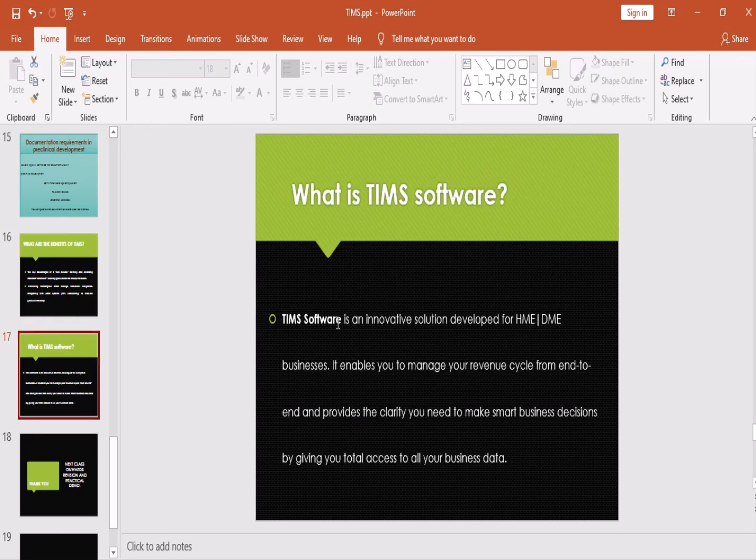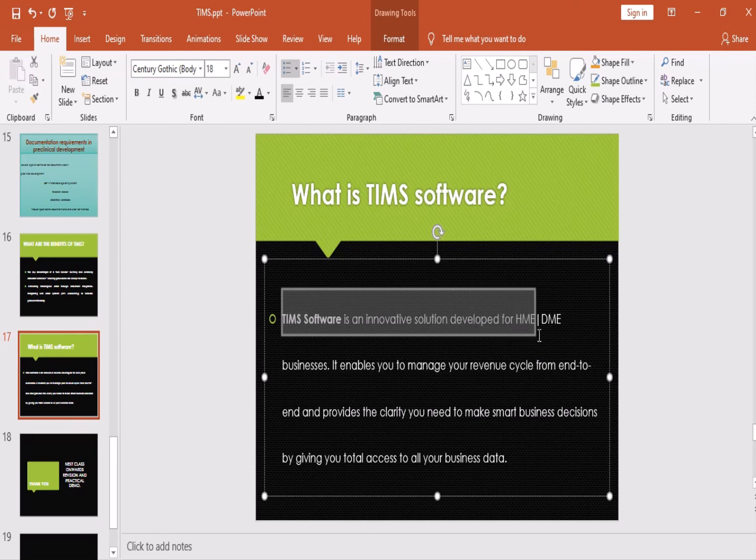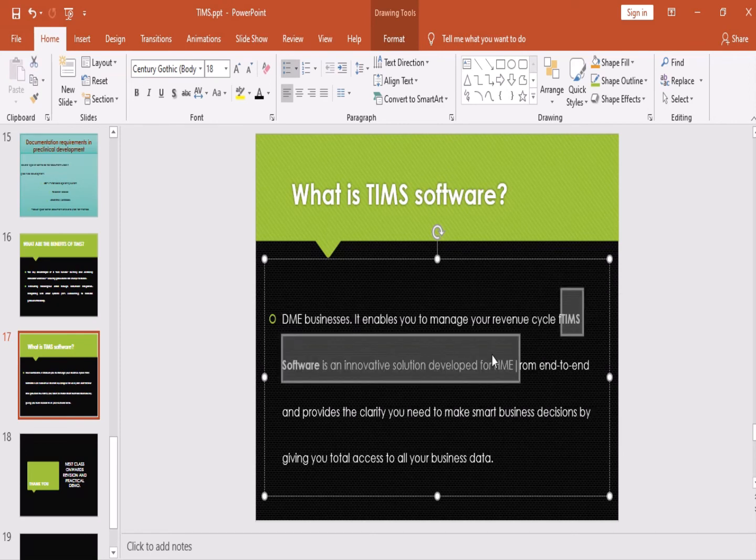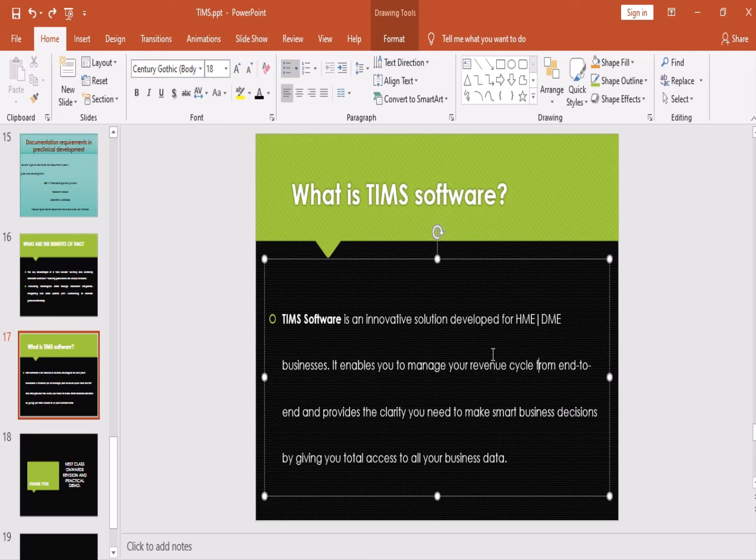And the TIMS software that can be used: TIMS software is an innovative solution developed for HME and DME. It enables you to manage your revenue cycle from end to end and provides the clarity you need to make smart business decisions by giving you total access to all your business data.